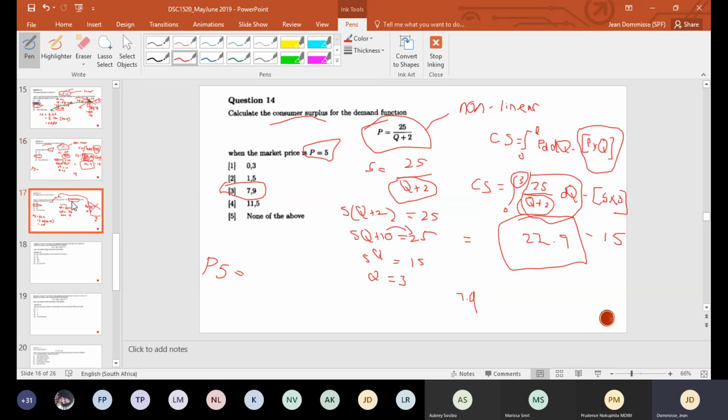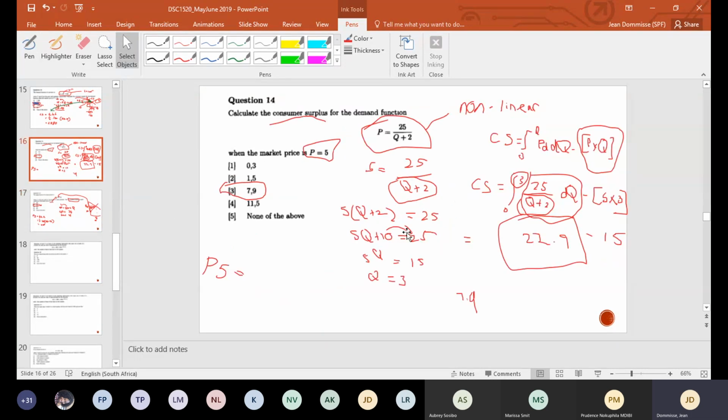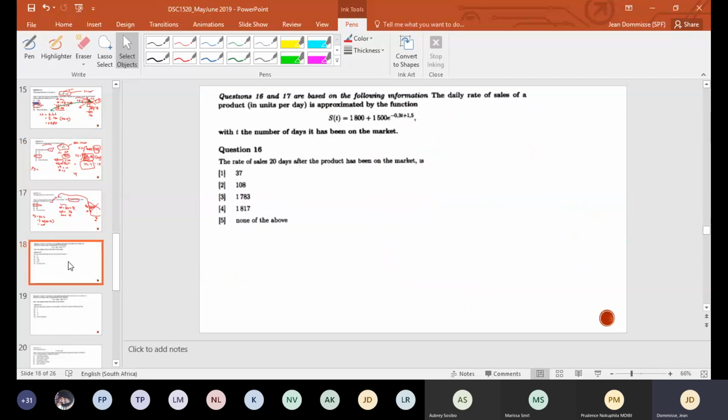So again, as you would see, when it is linear we need to work that area out. If it was non-linear, exactly the same, we would have just said that total minus that one. And that is just again some of the formulas that are on that page that I've sent through that we'll share again.